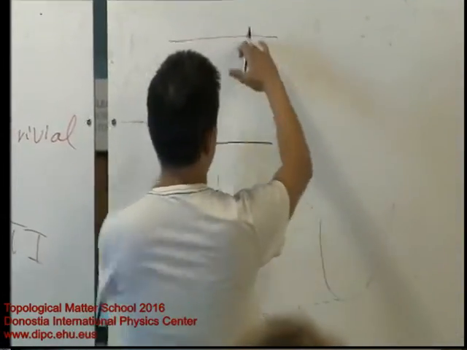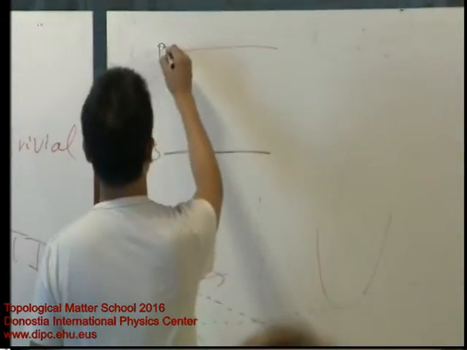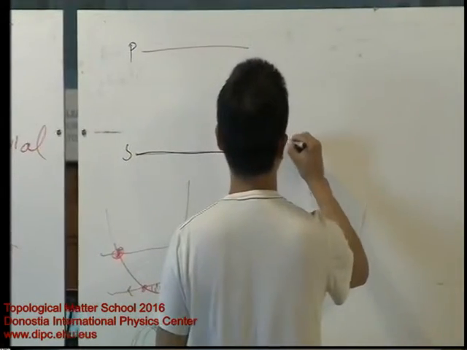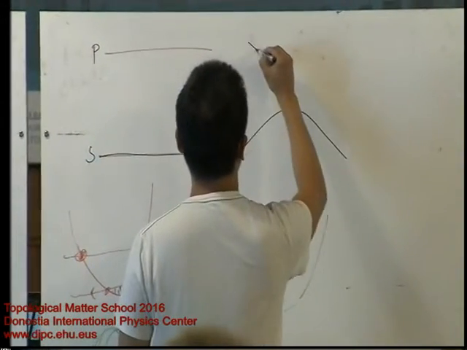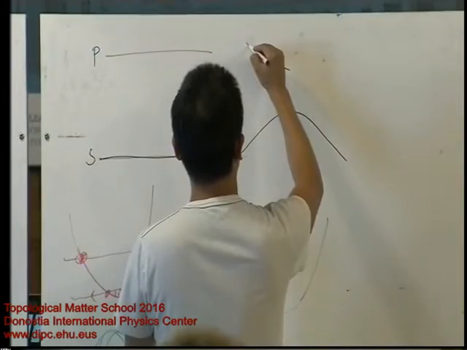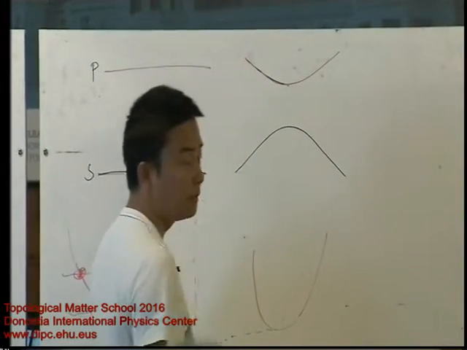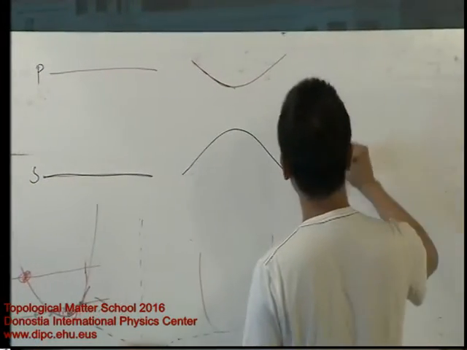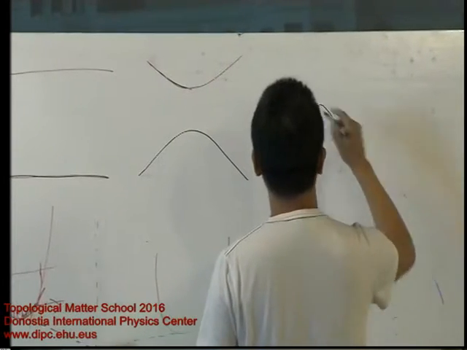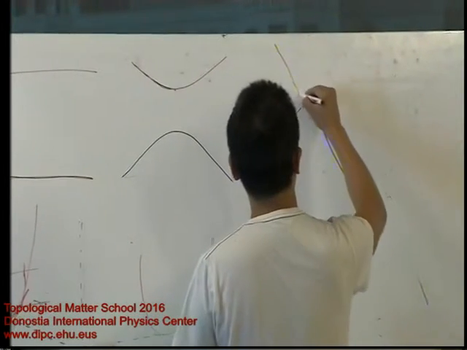Valence and conduction, large gap, S and P orbital. And then they start to have some dispersion, but relatively weak.